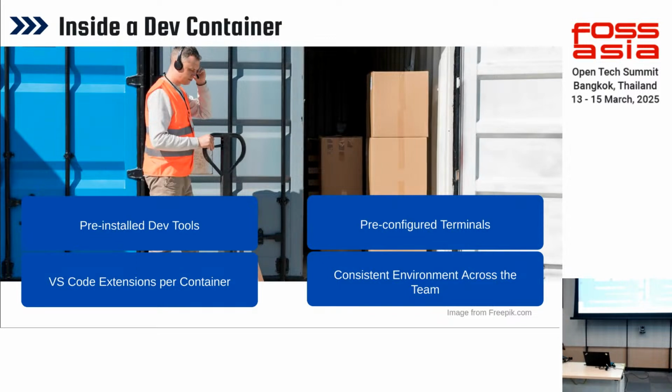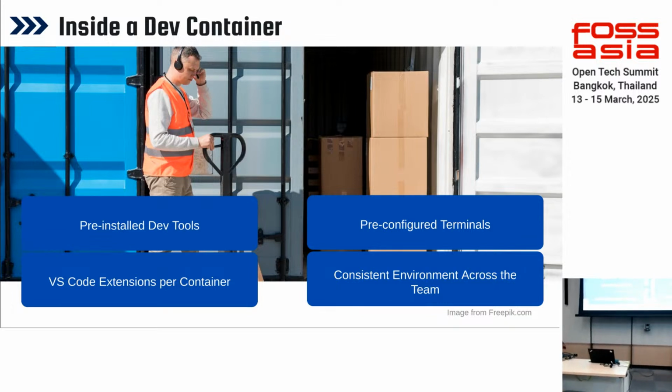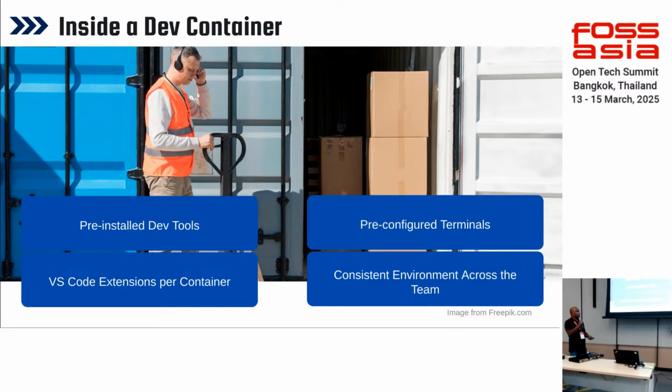So what is inside a dev container? I spoke a little bit about it in a previous slide also. It has pre-installed developer tools which you need to bring up your application. In my case, I use Visual Studio Code. You can have extensions per container. Whatever extensions you need for your Visual Studio IDE, you can specify in your devcontainer.json file, and that will be localized only for that application.